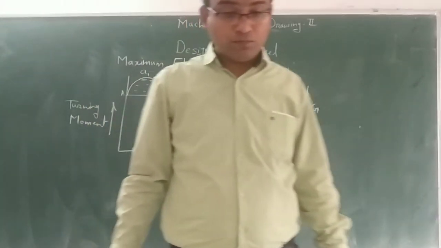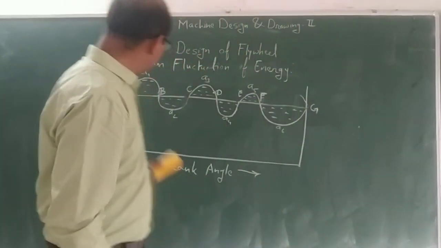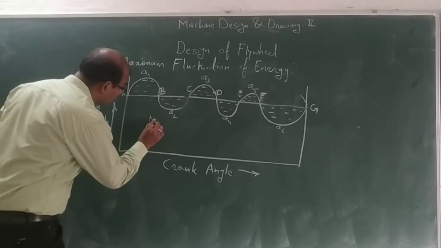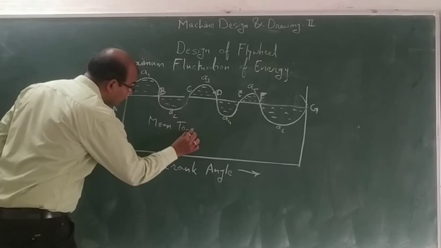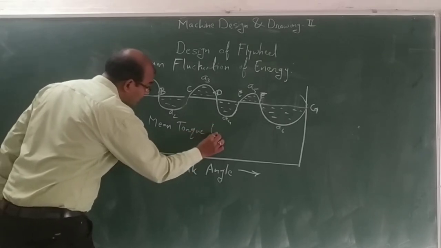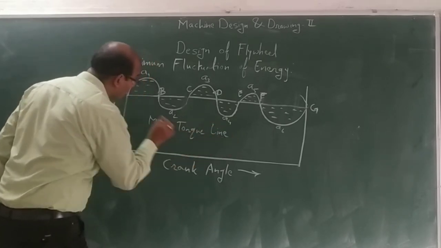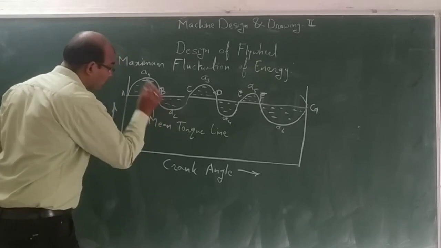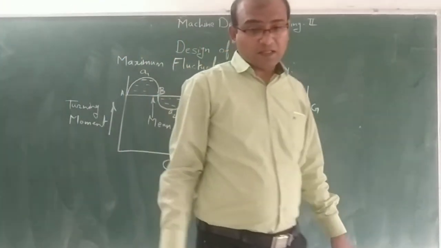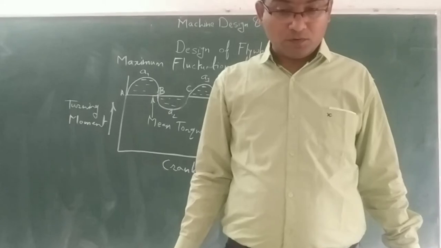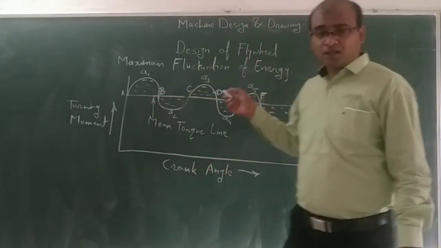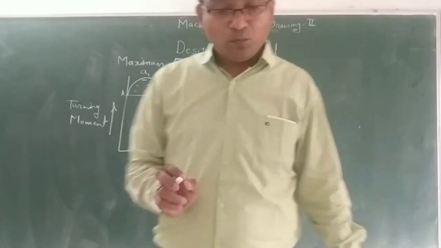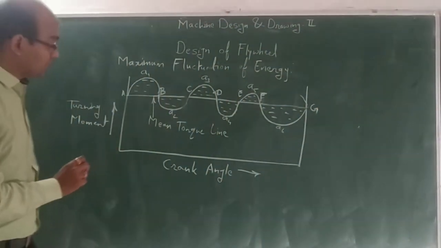That is your sixth loop, and it's mean torque line. Okay, done. And this figure for your turning movement diagram for multi-cylinder engine.